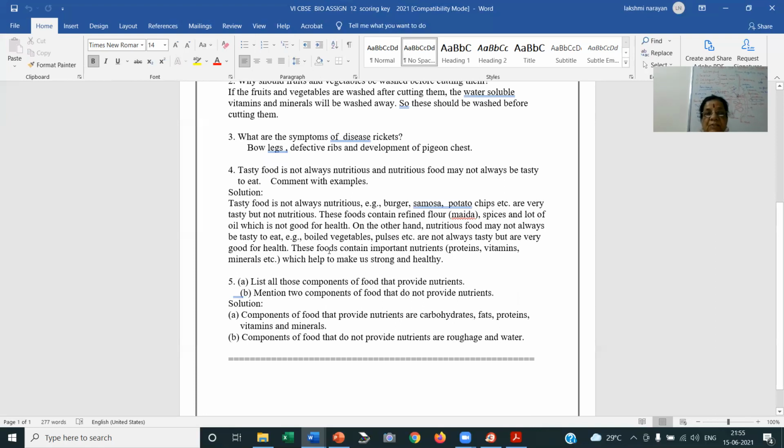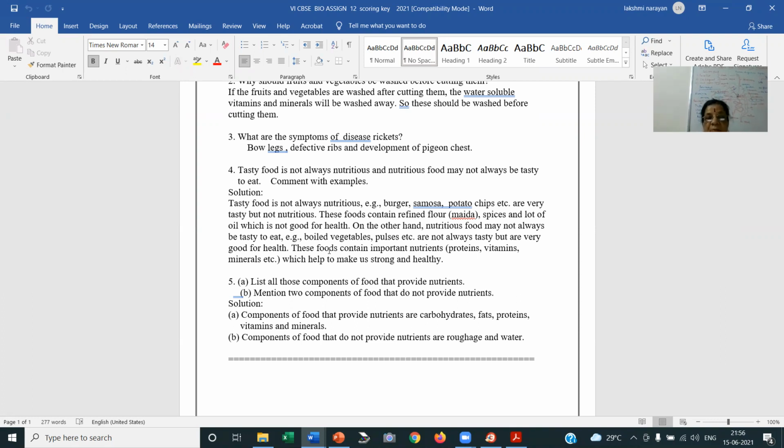Then, list the components of food that provide nutrients and mention two components of food that do not provide nutrients. Carbohydrate, fat, protein, vitamins, and minerals are the components of food that provide nutrients.